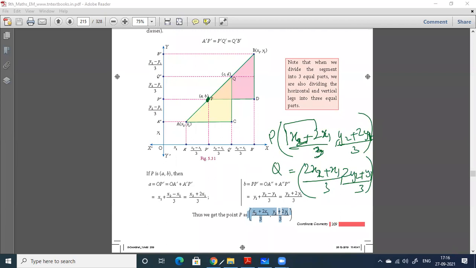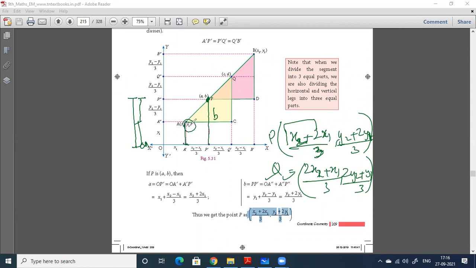Let us say B is nothing but this value. This is B, right? So this is the height B. B is nothing but OA' plus A'P'. OA' plus A'P', together. OA' is y1, because this length is y1.